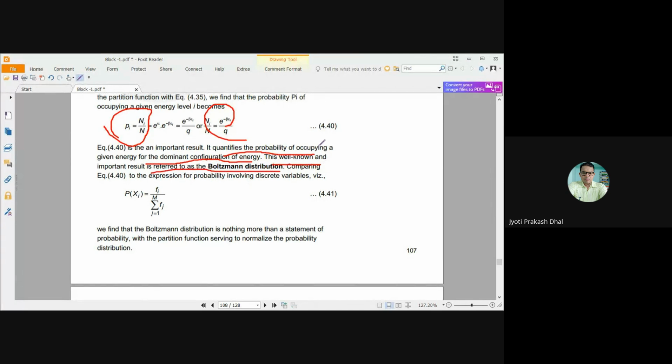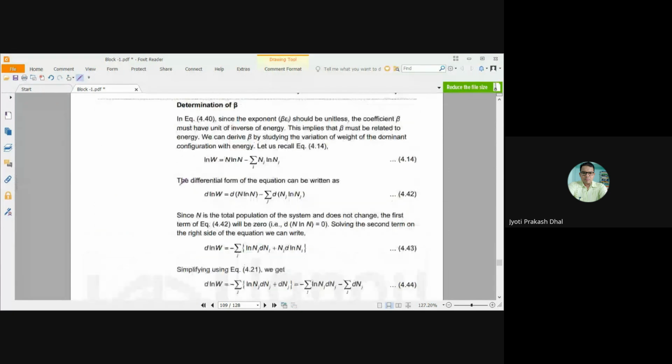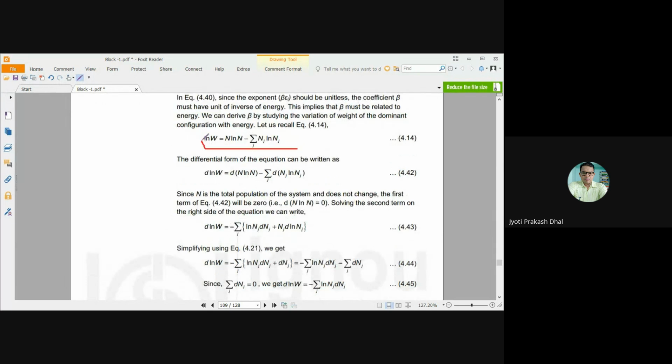Comparing equation 40 with the expression of probability involving discrete variables, the probability of xi equals fi divided by the summation of fj from j equals 1 to m. Now coming to determination of beta, again we take the same equation in differential form.